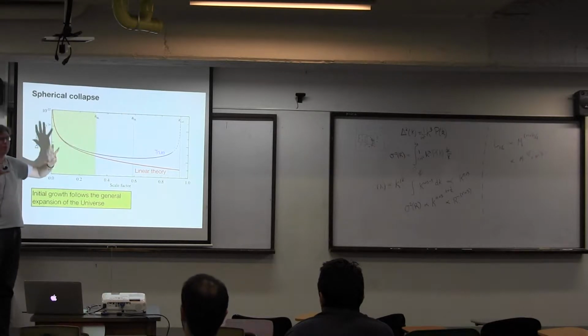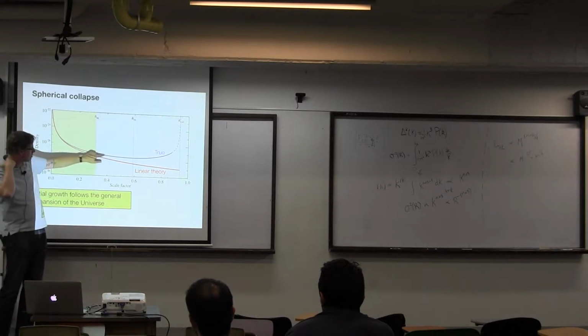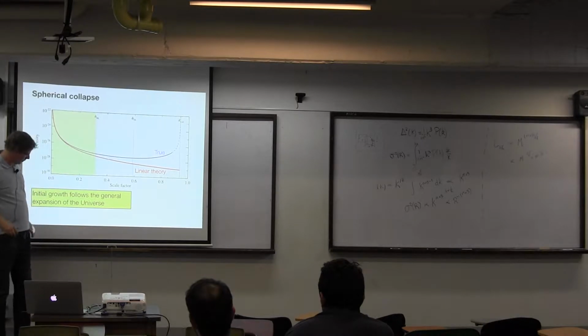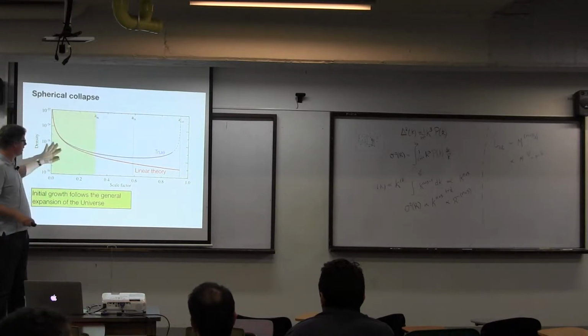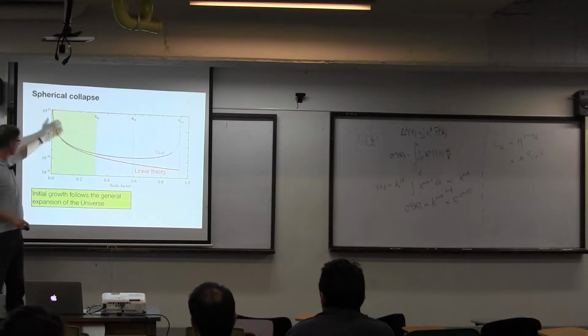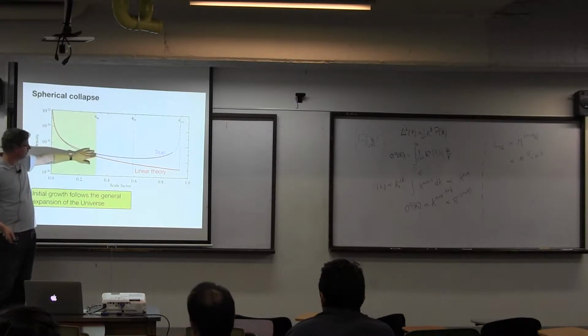But at some point, it has enough self-gravity to counter the expansion of the universe. And you come to this region here, where first it reaches a time when it becomes non-linear. So the overdensity is 1. You see there's no sign in the density, of course. The density doesn't care. Overdensity is 1.